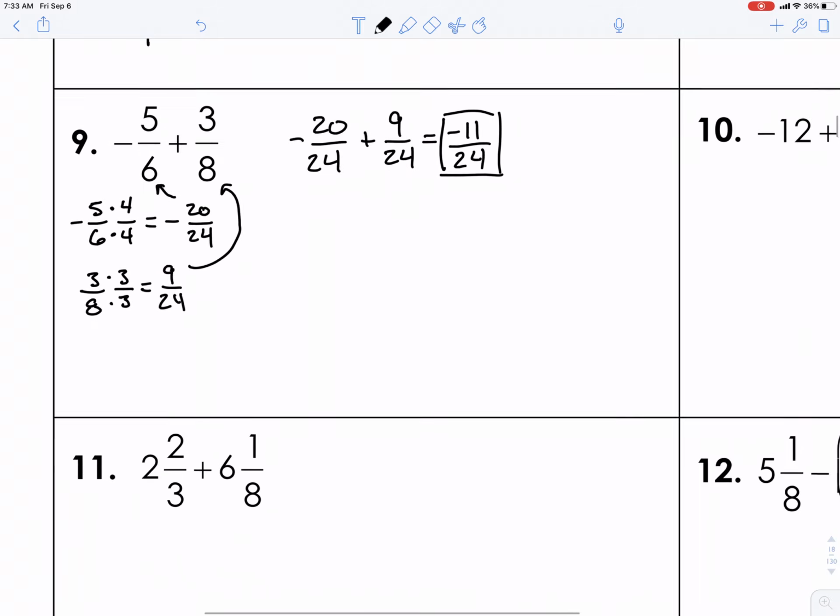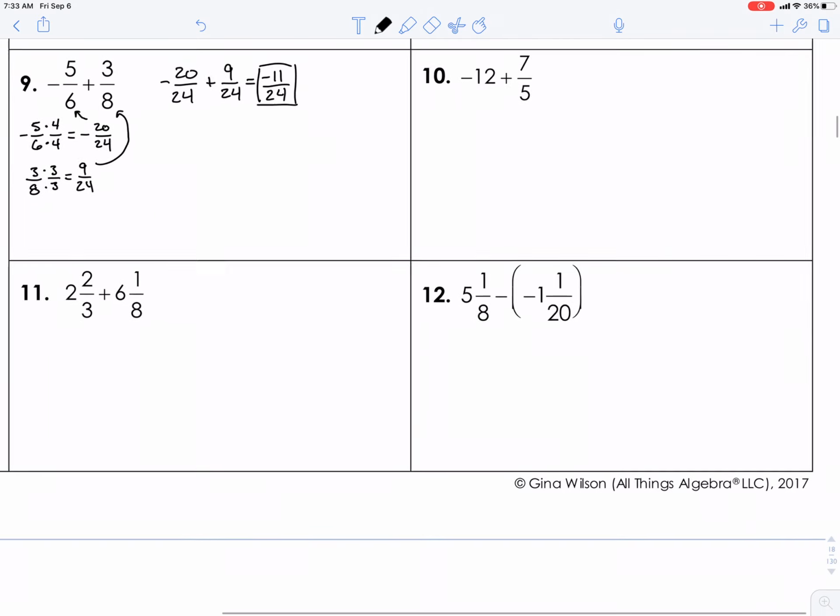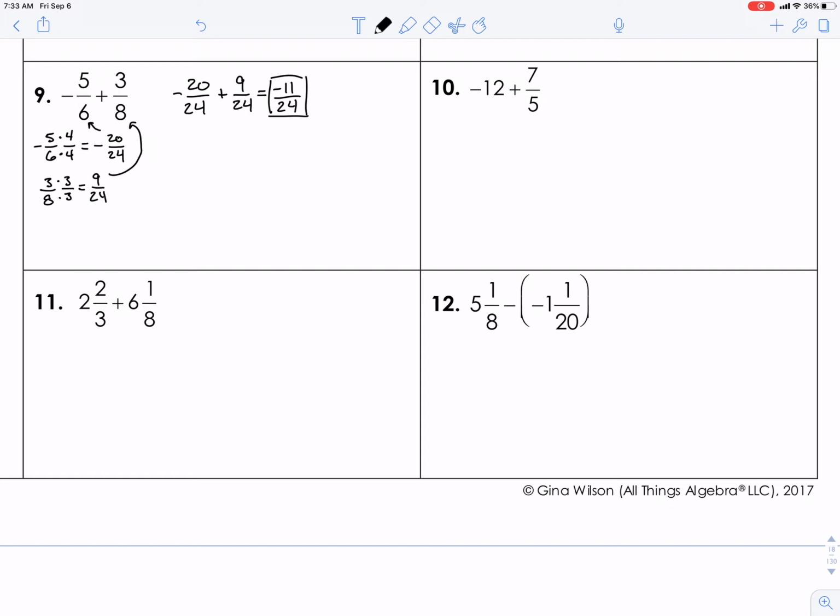Go ahead and try the next 3 on your own and pause the video. Okay. I'm going to give you the answers to the next 3, so you might want to check them. On number 10, the answer, you should have ended up with negative 53 over 5, or after you convert it to a mixed number, you get negative 10 and 3/5.